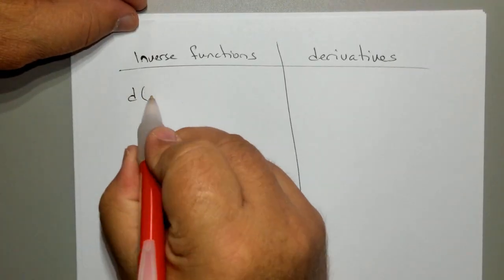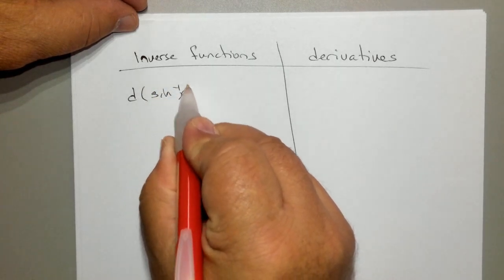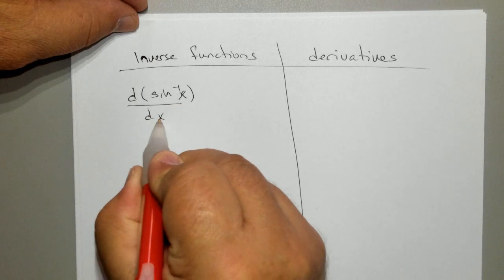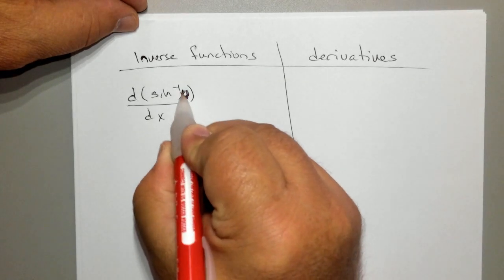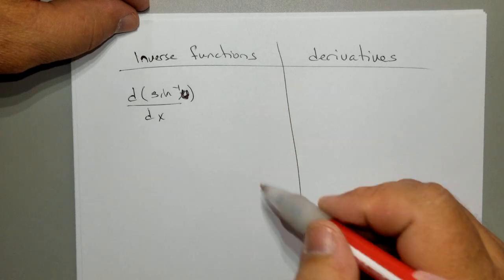Your inverse function of sine x. Let's make it u. So we have general functions. So what was the derivative of the inverse sine?